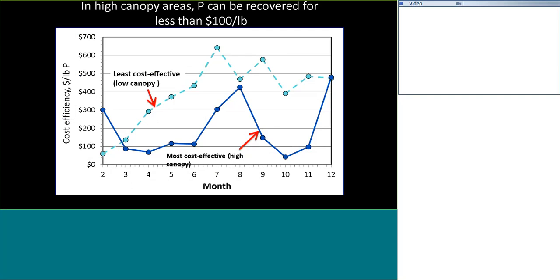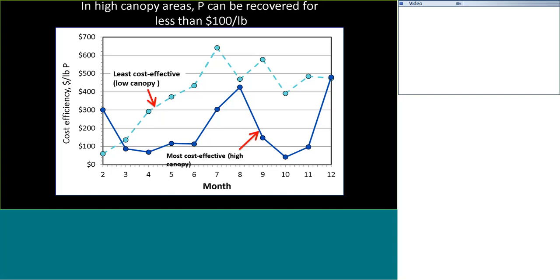If we look at the cost efficiency in terms of dollars per pound of phosphorus removed, and compare, say, a low canopy route to a high canopy route, you can see that sweeping in a high canopy neighborhood during the fall is a really cost-effective way of removing phosphorus.